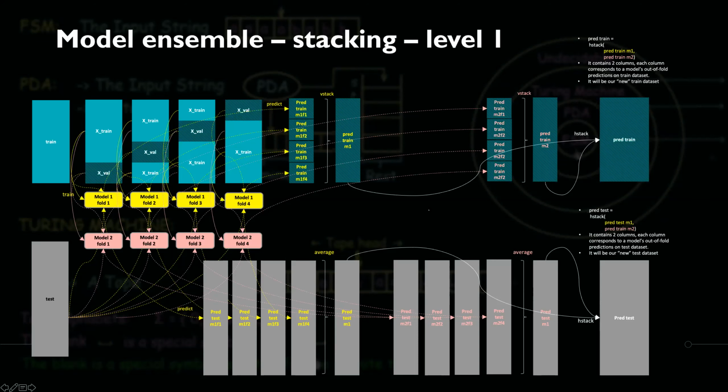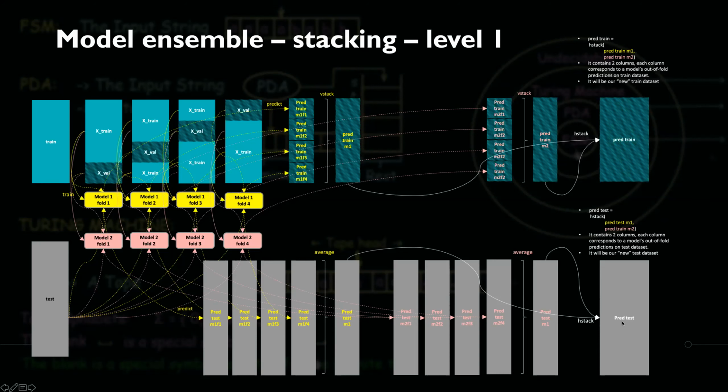Okay, let's move on. So now we end up with two data sets, right? Remember that each data set, pre-train, comes with two columns or two features, and each feature corresponds to a model.